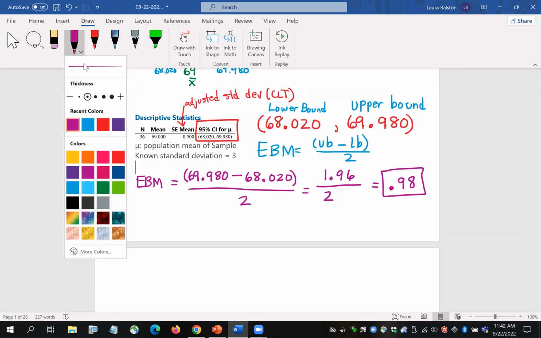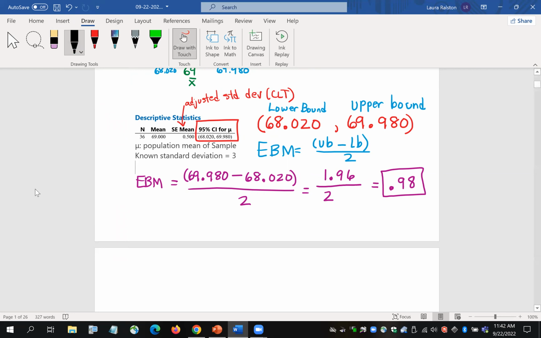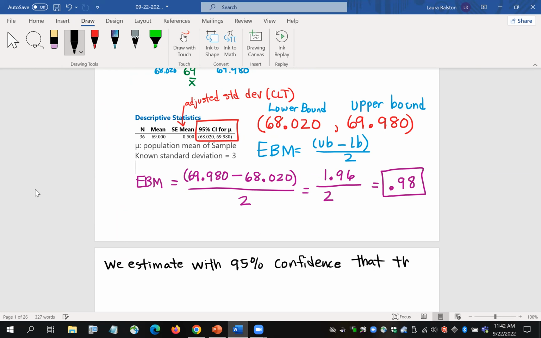So my conclusion in the proper form would read, we estimate with 95% confidence, because that was the given confidence level, that the true population mean, and what was our variable here?